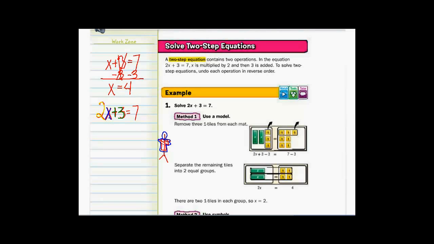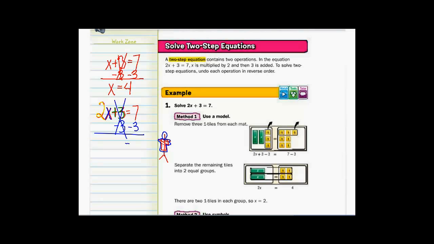So think about those kinds of things. If I want x by itself, I'm not only going to have to take this off, but I also have to take this away from it as well. So I have to undo my add and subtract first. How would I undo an add 3? I would subtract 3 from both sides. Plus 3 and a minus 3 cancel each other out.